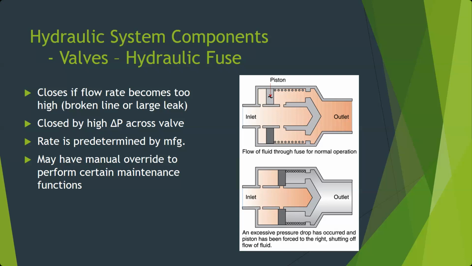But if all of a sudden, on our outlet side, we get a ton of fluid flow, our pressure is going to be high on the inlet, which is also going to be high on the left side of this piston, and we're going to have almost zero pressure to the right. So you'll no longer have this fluid pressure to the right of the piston helping to hold it as well.